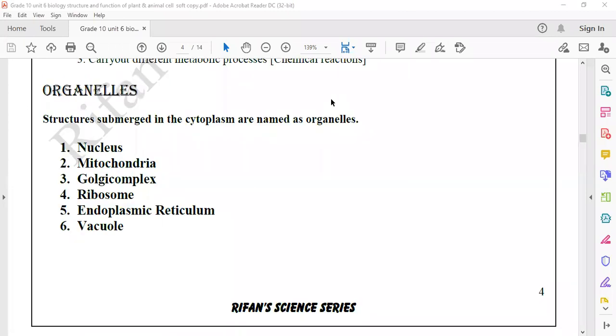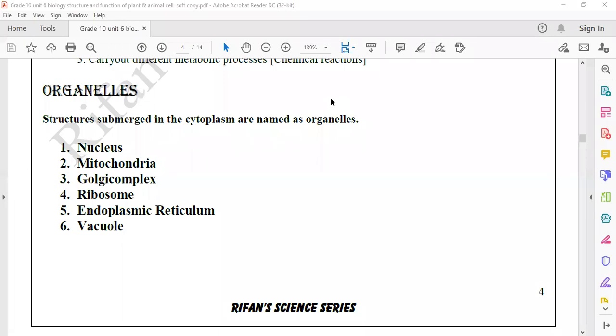Right. So, organelles. All these are organelles: nucleus, mitochondria, Golgi complex, ribosome, endoplasmic reticulum, vacuole. One by one, we are going to see why they are called organelles.